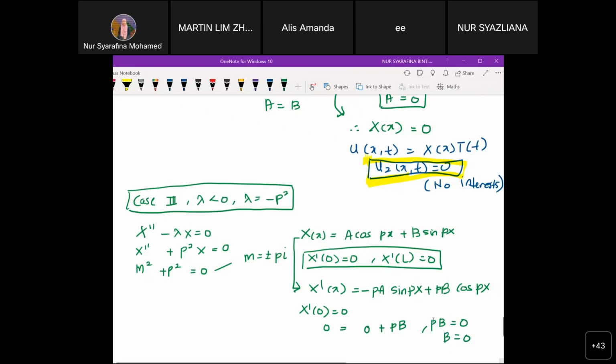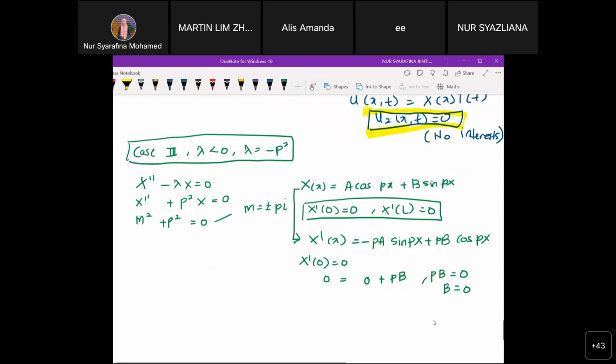Now when B equals 0, what's left? X prime x equals negative pA sine px. And then we have x prime L equals 0, so negative pA sine pL equals 0.